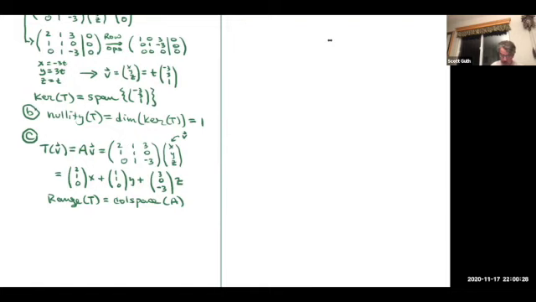And so we just need basically a basis for the column space. And so the basis for the column space can be found by row reducing A transpose.